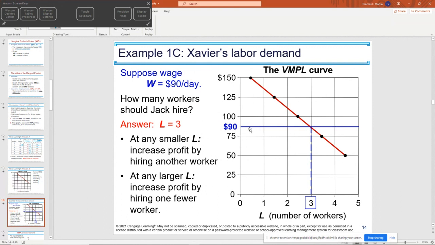And we look at this perfectly elastic line, which is establishing the price. And we're in a perfectly competitive market. All the individuals are going to be paid $90 a day. We want to know what number of workers we should hire. We just look at this intersecting point.